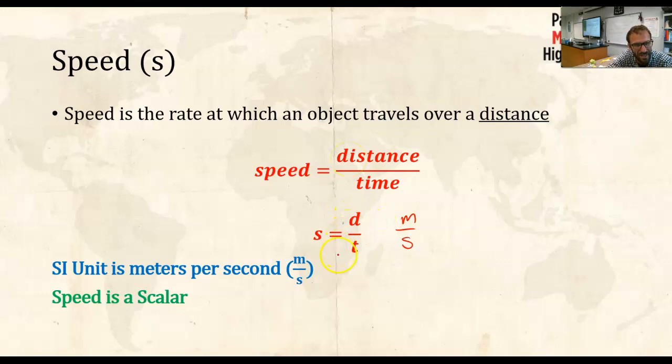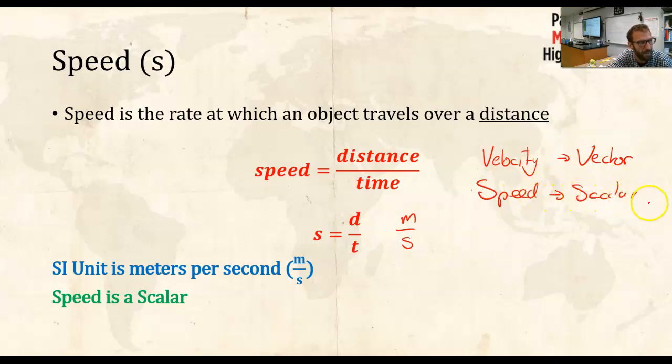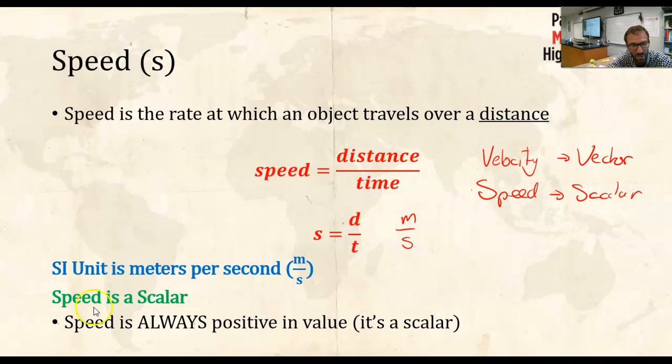And there's a beautiful piece of alliteration, because velocity is a vector and speed is a scalar. Isn't that lovely? It's almost as if they planned it. So speed is a scalar, velocity is a vector, and what this means is speed cannot be negative. It's always positive, right? It's always a positive value. Any scalar is always a positive value.